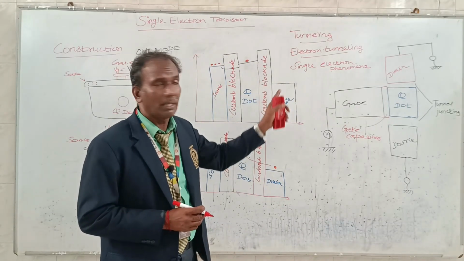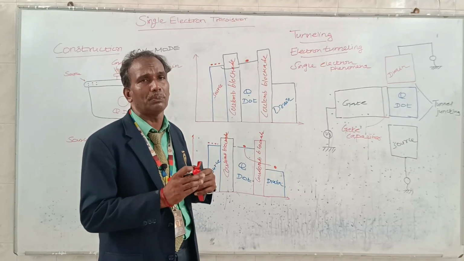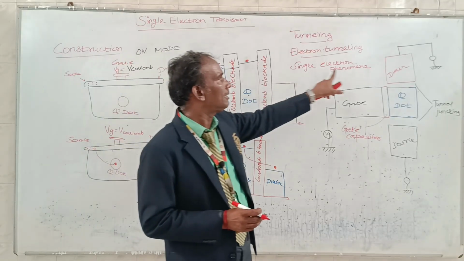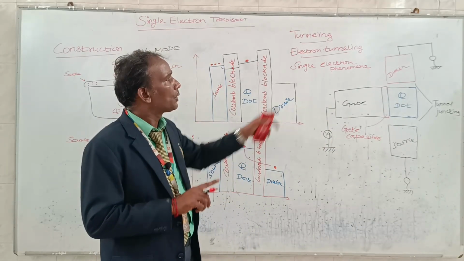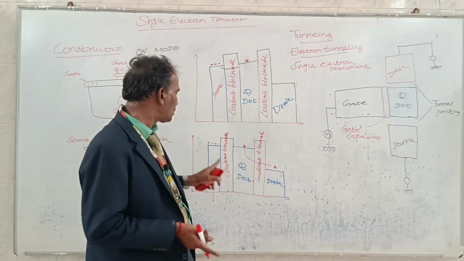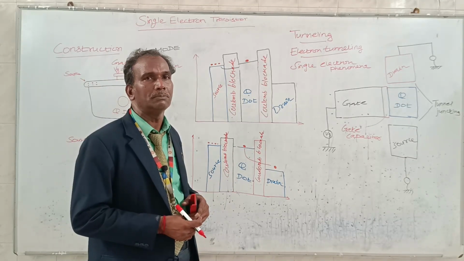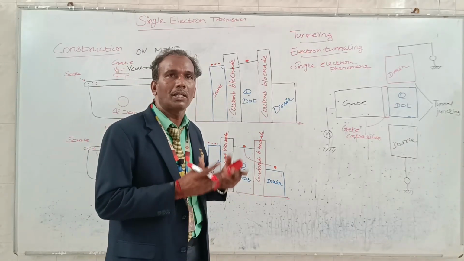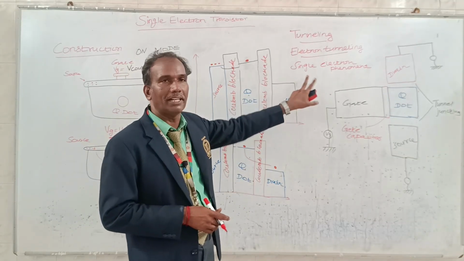So these are the two conditions to achieve the single electron phenomenon: one is Coulomb blockade, which prevents the tunneling of electrons from source to quantum dot, and the other is overcoming the uncertainty, which keeps the quantum dot electronically isolated. This is the single electron phenomenon.